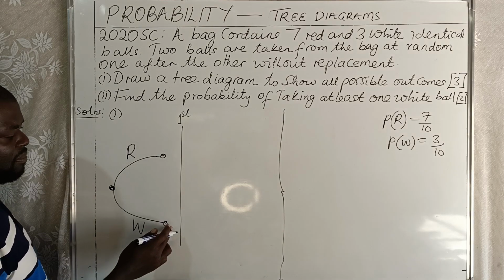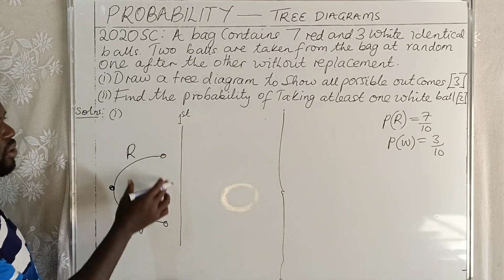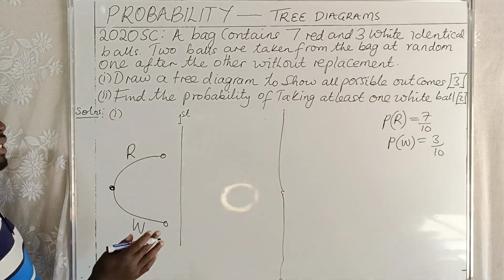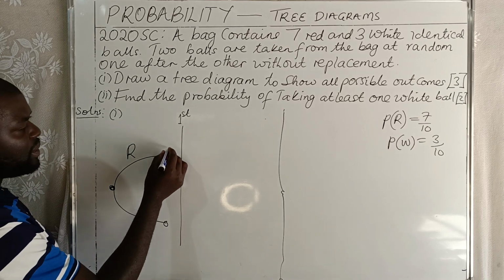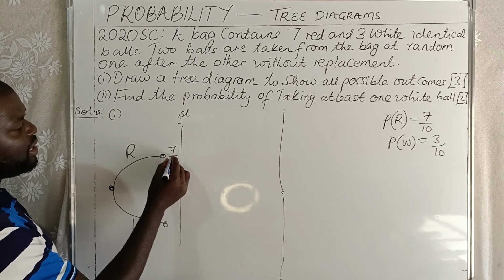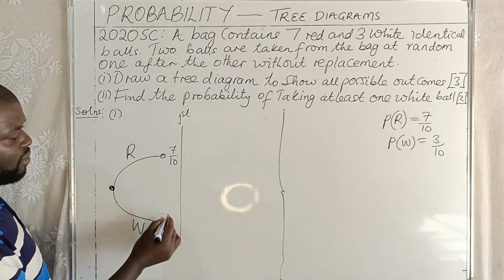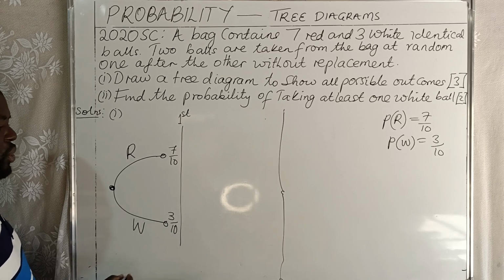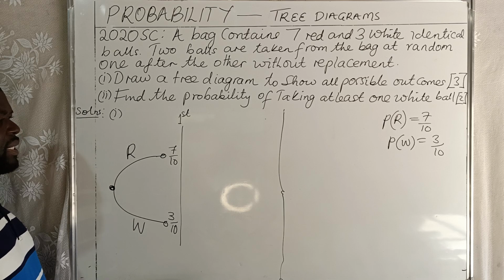The individual probabilities for this first set of branches will be the probabilities that we found: the probability of picking a red ball, 7 out of 10, and that of picking a white ball, 3 out of 10. So the first set of branches is done.